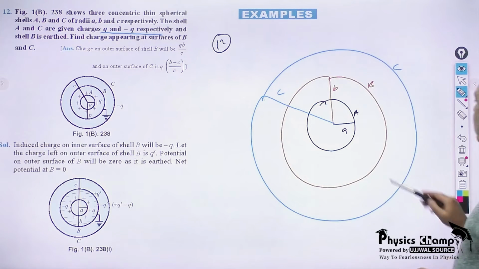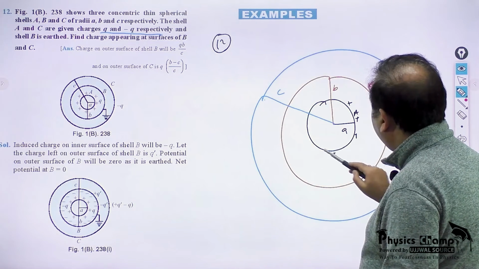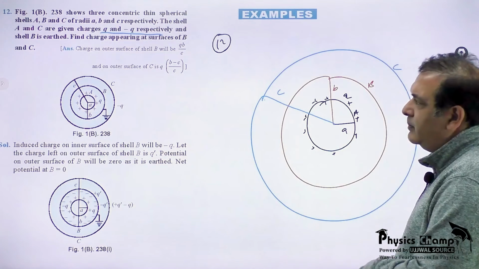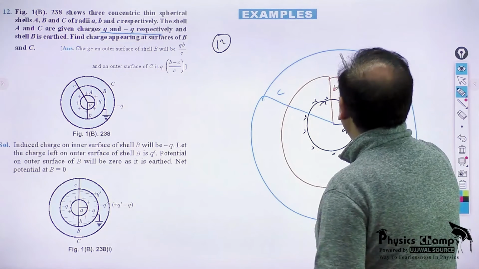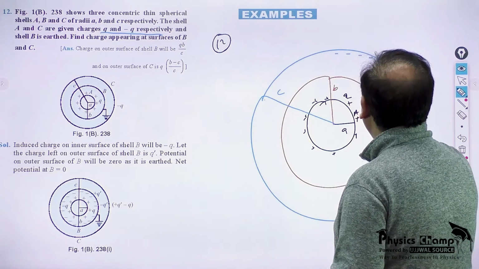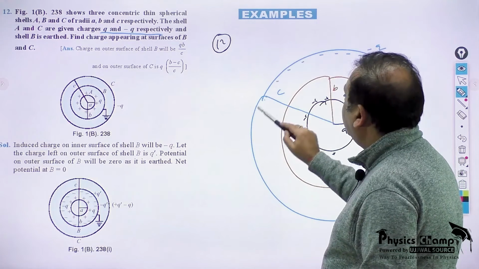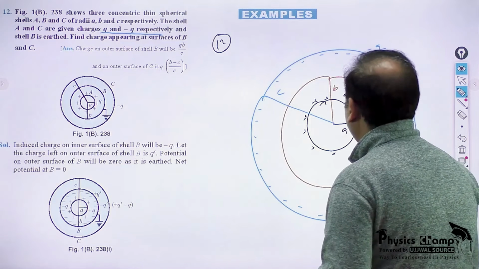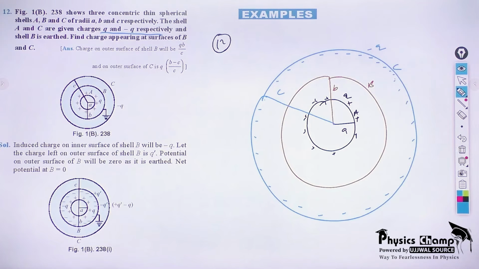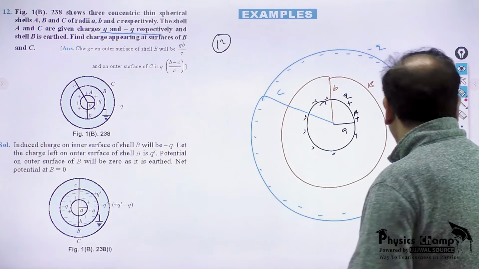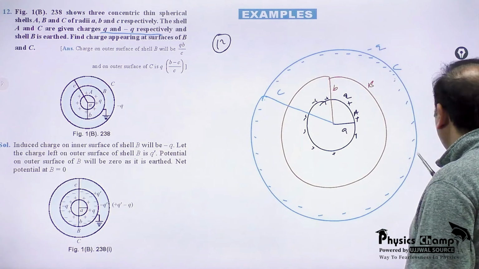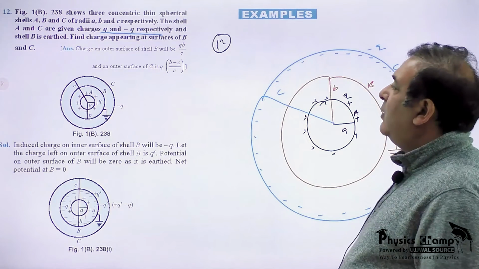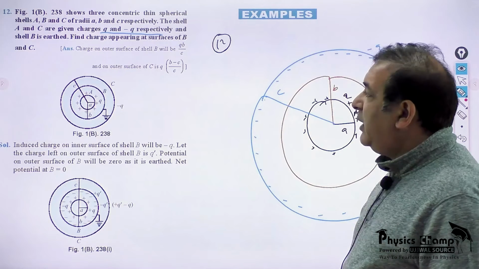So here to shell A you are giving a charge Q, and to shell C you are giving a charge minus Q. A and C are having charges Q and minus Q respectively, while the surface of B is earthed, so B is here earthed. Find the charge appearing on the surfaces of B and C.